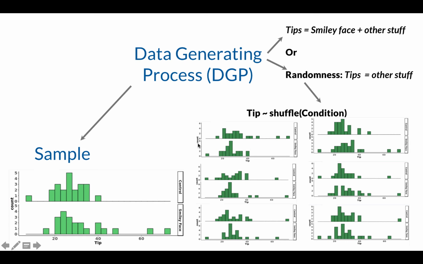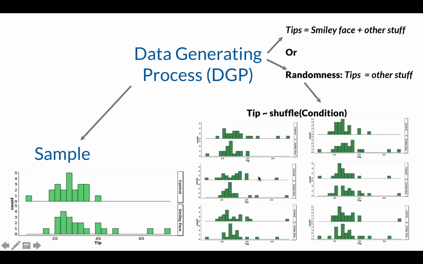And so let's take a look at this one, for example. Here, these two very big tips ended up in the control condition and not in the smiley face condition. But if you take a look at this set of data generated from shuffle, one of those tips ended up in the control condition, but the other really big tip ended up in the smiley face condition.